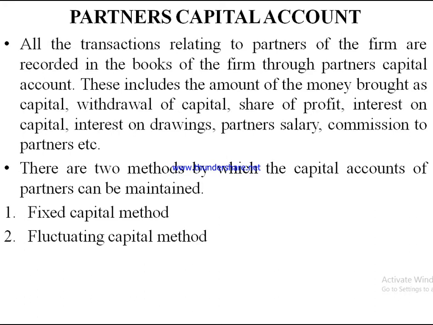In order to record all the transactions carried out between the partners and the business, a separate account called Partners Capital Account is used. These include the money brought as capital, withdrawal of capital, share of profit, interest on capital, interest on drawings, partner salary, commission to partners, etc. All these things will be recorded in the Partners Capital Account.